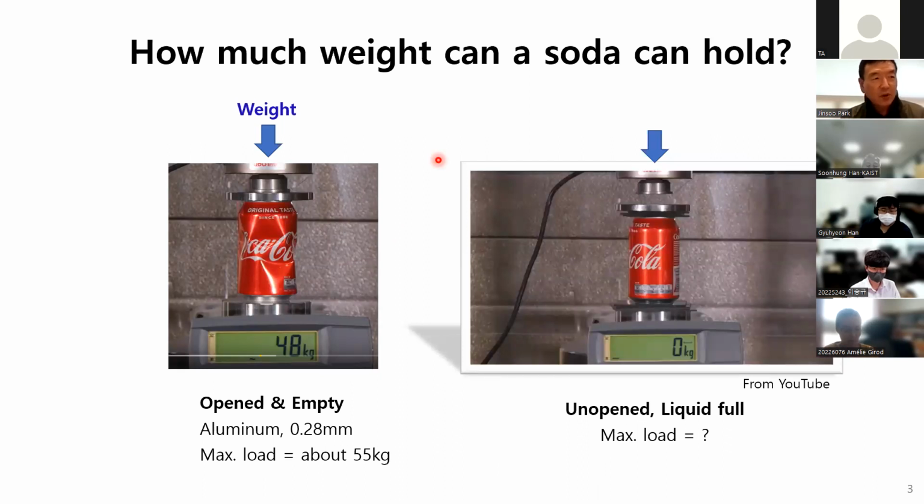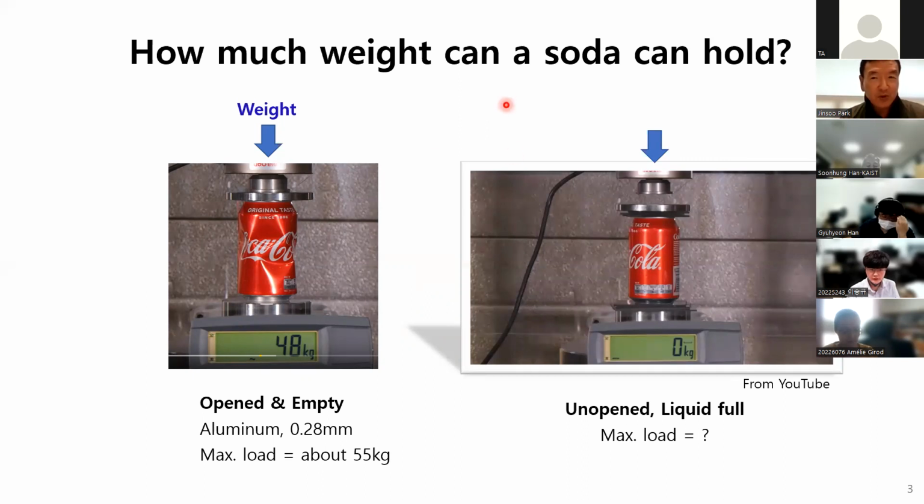Before we get into the subject, the hull strength, I'd like to show you an interesting example of a strength test of a small structure, a soda can, which is probably very familiar to you. However, you may have never thought about its strength.